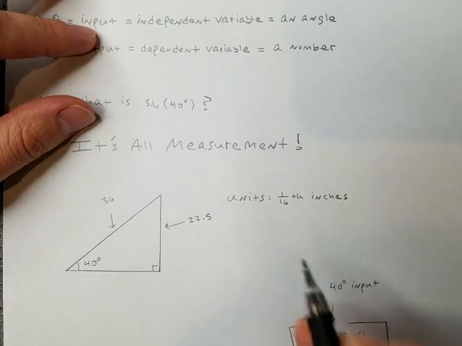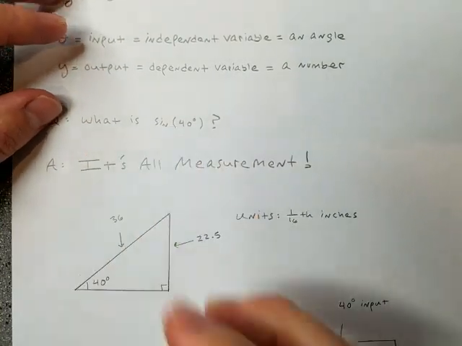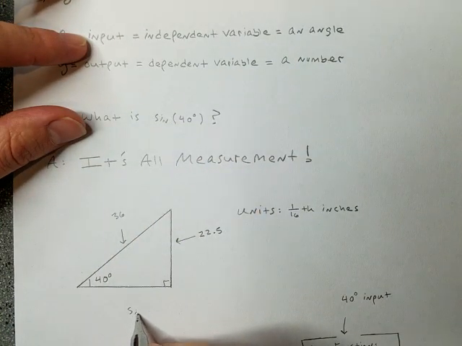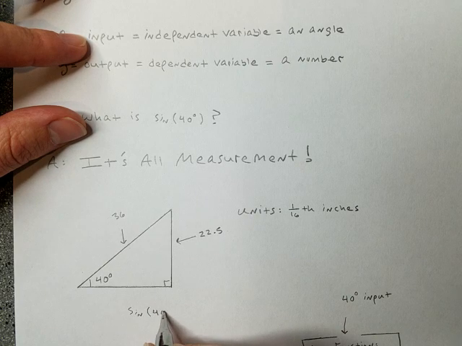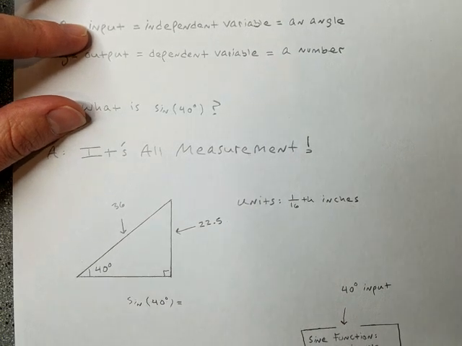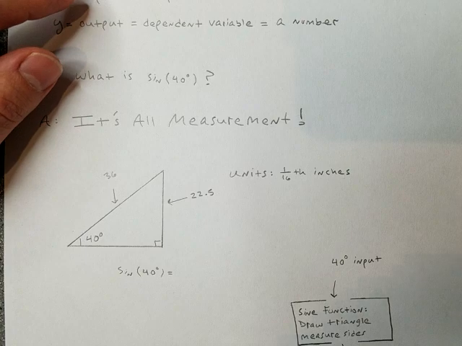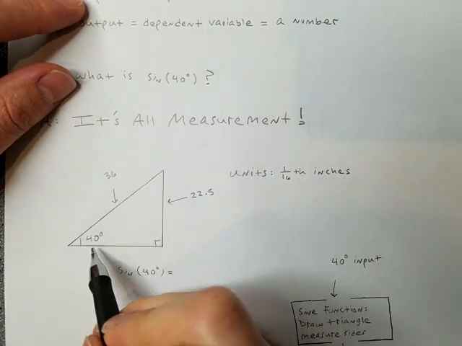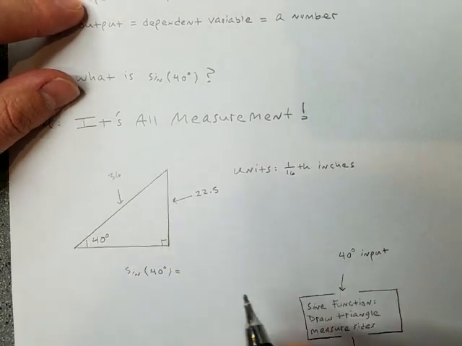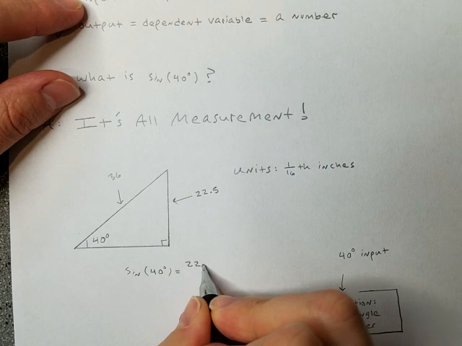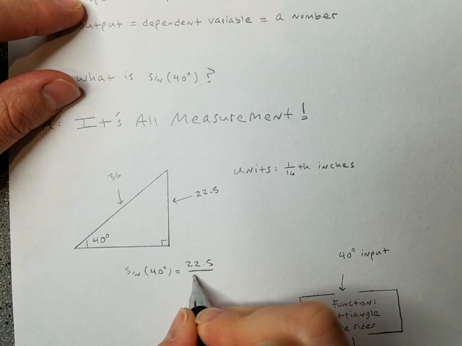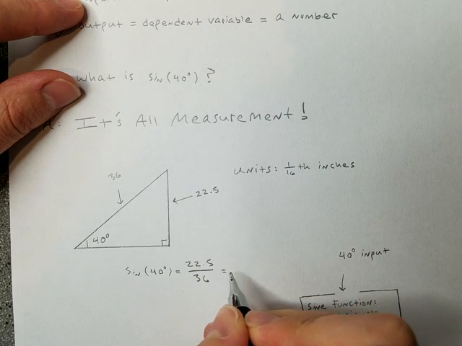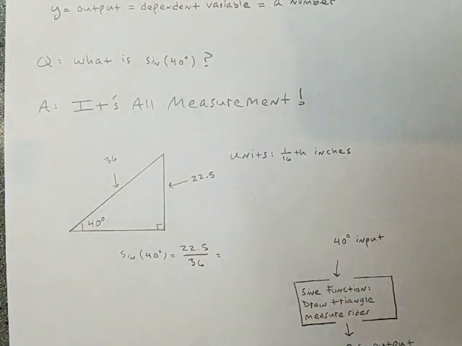And so I could say this. Here's what sine 40 degrees really means, all right? Sine of 40 degrees is, well, you have a triangle there, and you measure the side opposite the angle and the hypotenuse. And so I get 22.5 over 36. And you divide it, and that's your answer. That's the output.